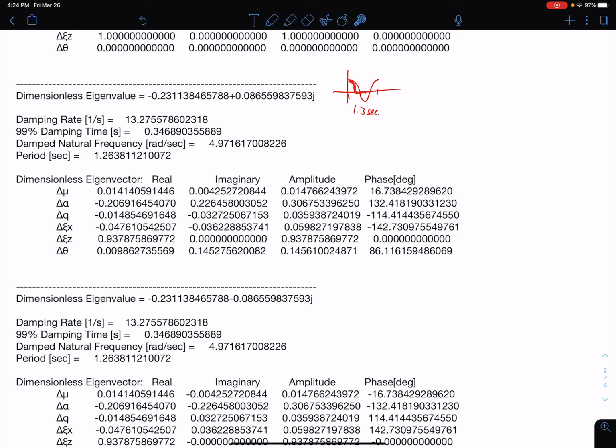Okay, another thing we can see, as we compare mu and alpha, remember these two are non-dimensional velocities, is that we're going to have a relatively large change in angle of attack compared to a small change in forward velocity. So this mode is composed, and we can see there's going to be a change in pitch. So we're going to have some pitch rate and some change in theta.